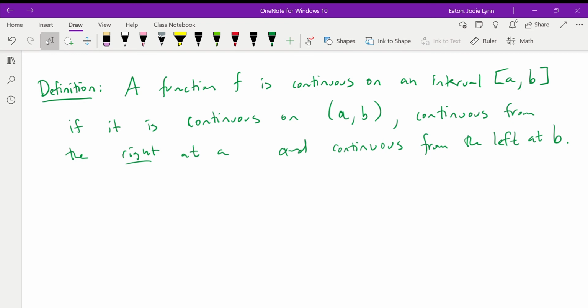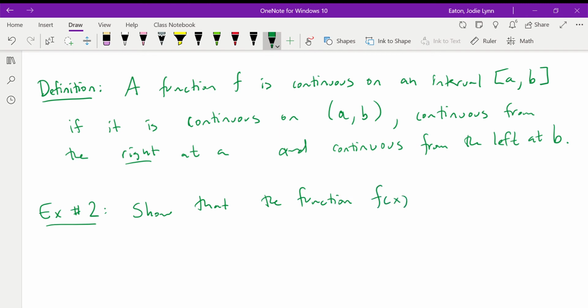Okay? So the first one, let's set up our function. I think I skipped a line in my notes there. We're going to show that the function f of x equals 1 minus radical 4 minus x squared is continuous on the interval [-2, 2].